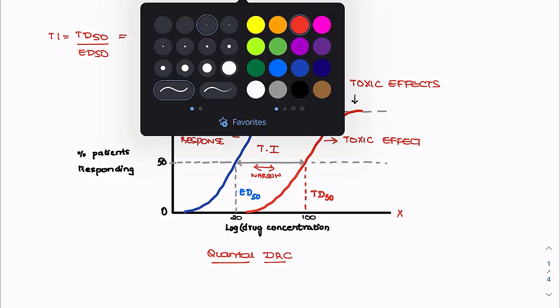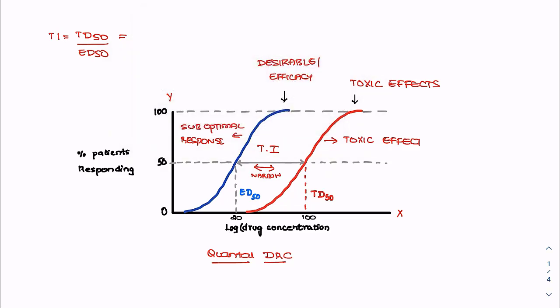Here you have 100 for the therapeutic dose, divided by the ED50. You can see the ED50 dose is 20. So the therapeutic index here is 5, which is much safer.